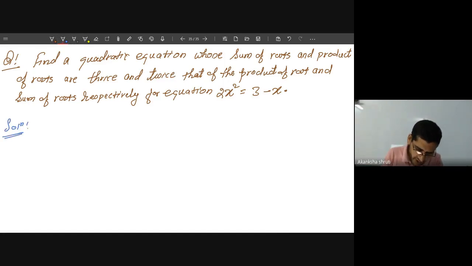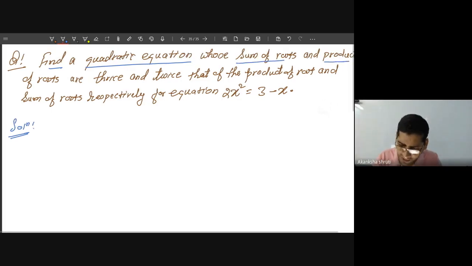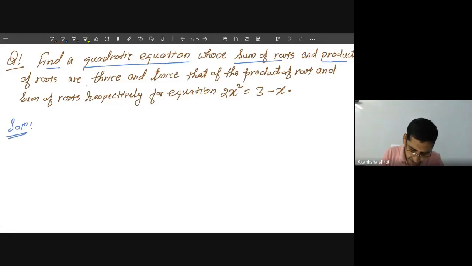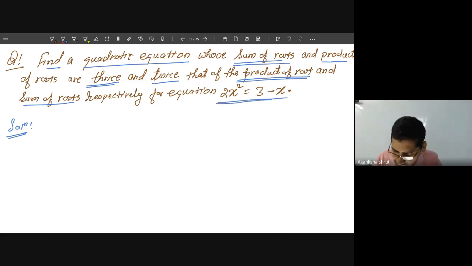Student, you have to find a quadratic equation, meaning whatever the new quadratic equation is that you want to know. For that quadratic equation, its sum of roots is 3 times and product of roots is 2 times that of the product of roots and sum of roots for this equation.